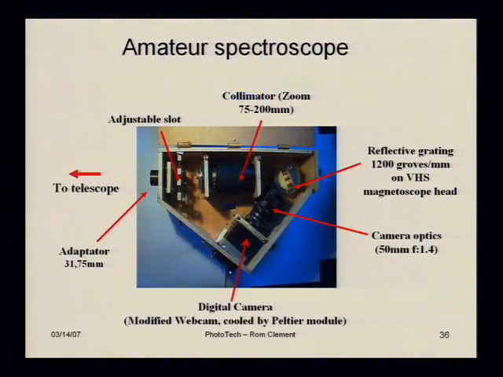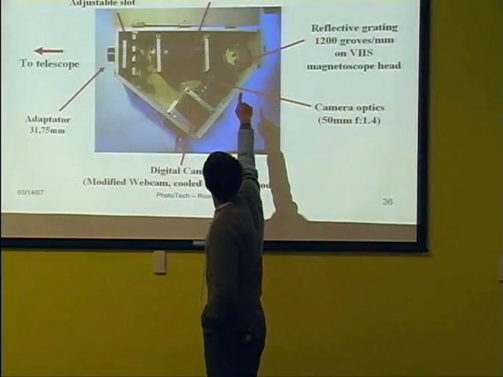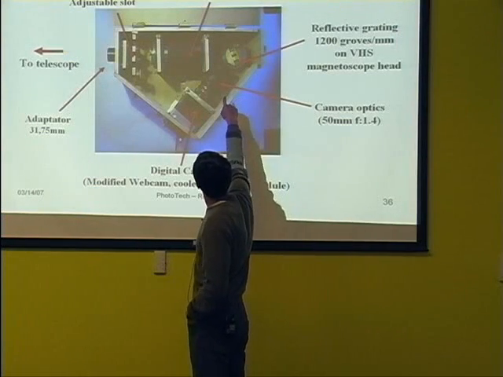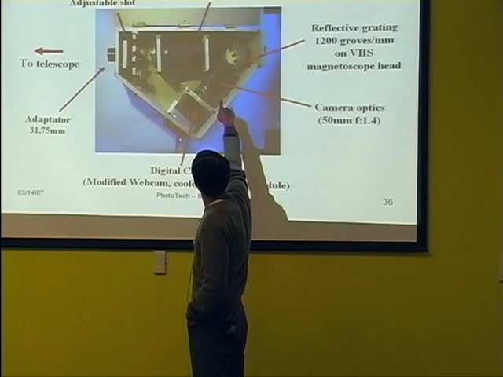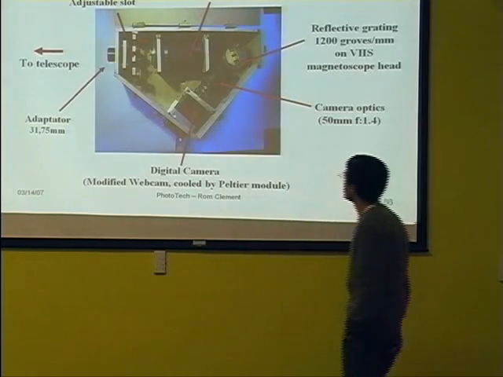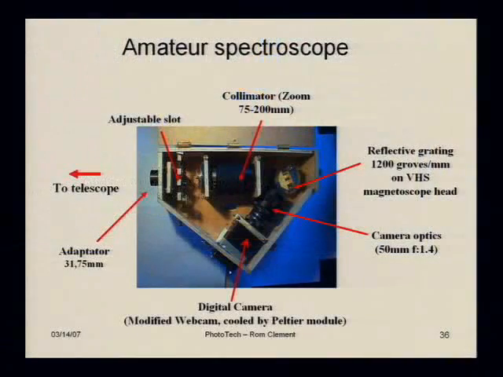So the light enters here, goes through the collimator, and is diffracted with this reflective grating, and then the light is converged using the optics onto the CCD sensor, which was, in this case, a modified webcam cooled down to decrease the noise.